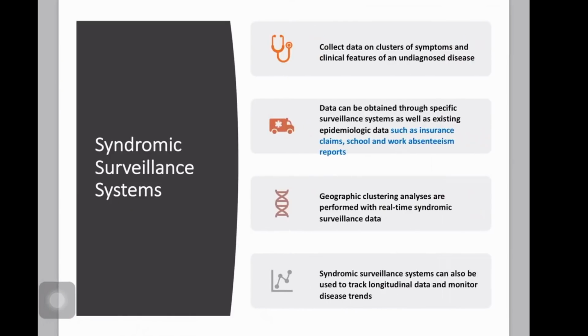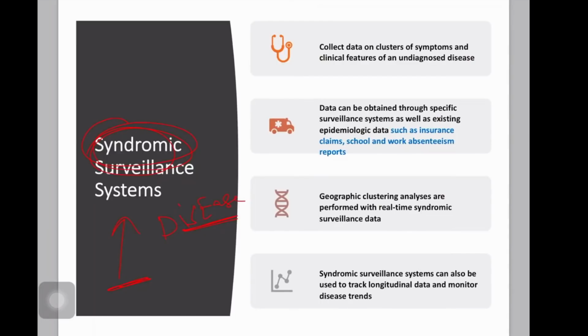Now, syndromic, you see again the syndrome, right? Now, what is a syndrome? I'm sure the people who have a medical background have the idea of the difference between disease and syndrome. In general, you can say a syndrome is an array of diseases, comorbidities and diseases that are affecting multiple pathways.